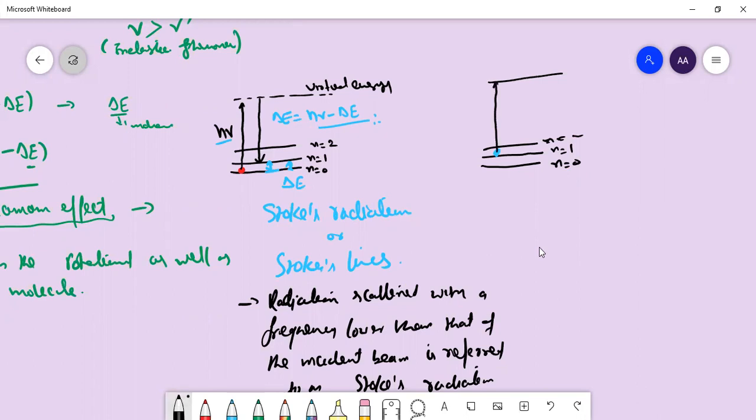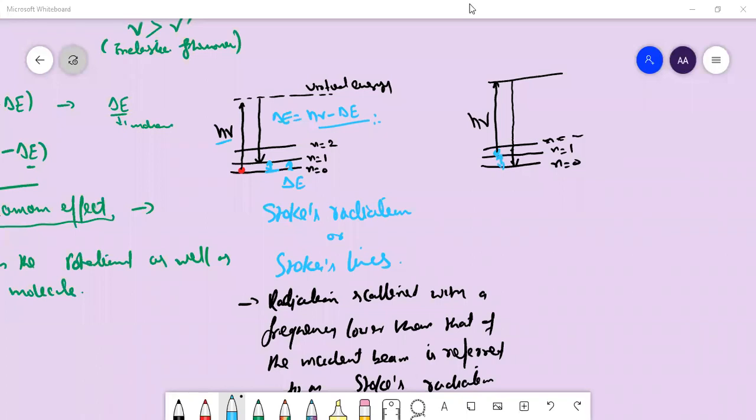So this molecule is undergoing transition to this level with a certain amount of energy, that is h mu, and after a certain amount of time, this molecule will again come back to lower energy levels, and in this case, the molecule will not settle in n is equal to 1, but it will return to n is equal to 0.